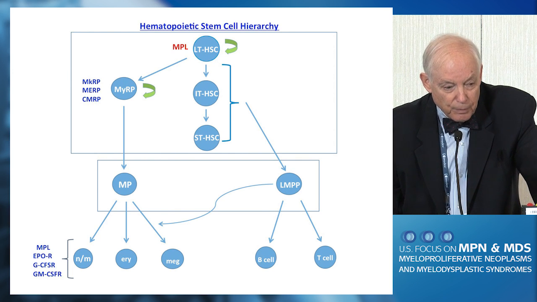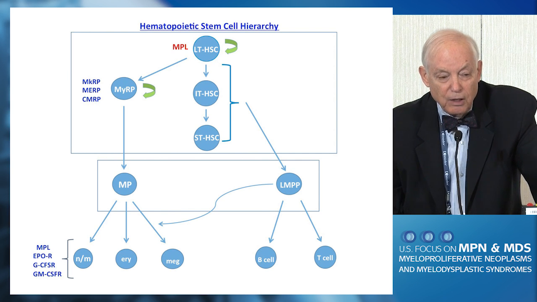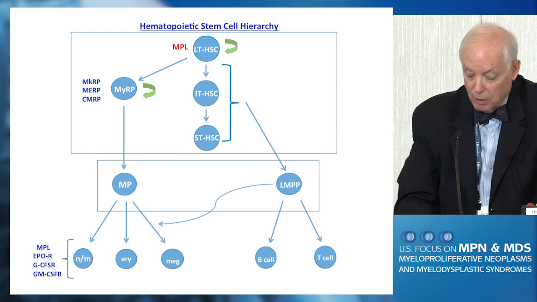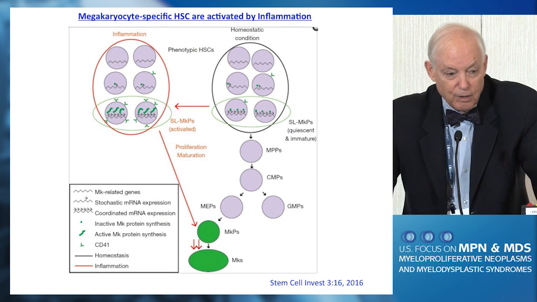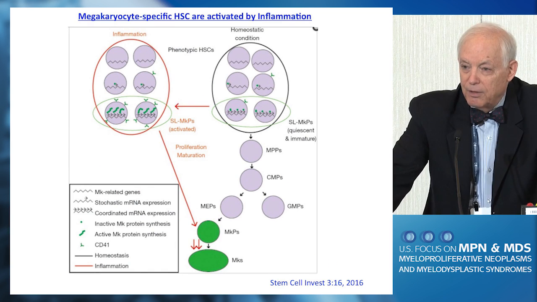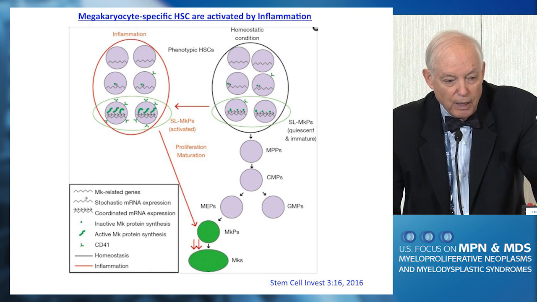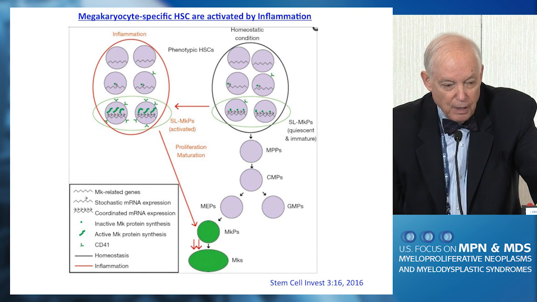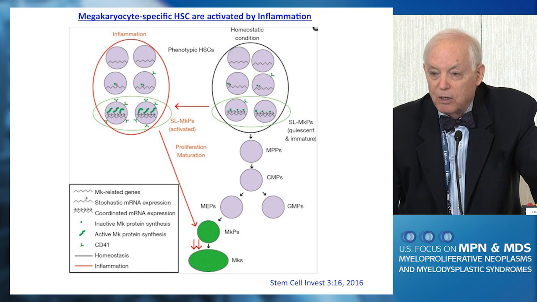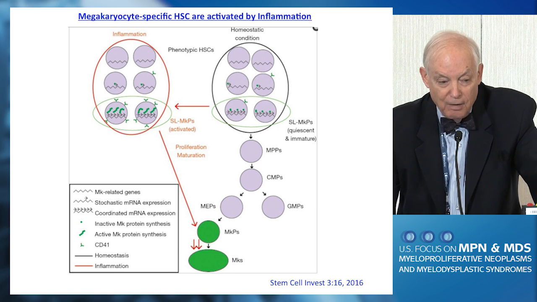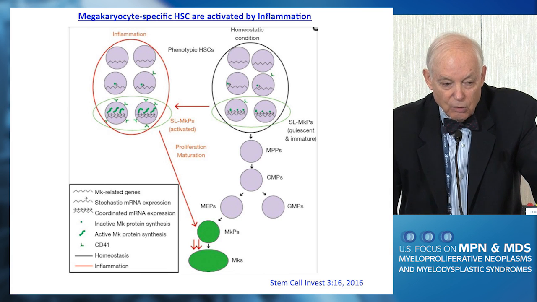Now look up here. We have all these growth factors that are operative down at this level, but we only have the thrombopoietin receptor operative in the hematopoietic stem cell. And that's sort of the key to everything. So it turns out now, and this is from a mouse model, here we have the pluripotent stem cell. In inflammation, the megakaryocytic stem cell is preferentially activated and then goes down in this direction.